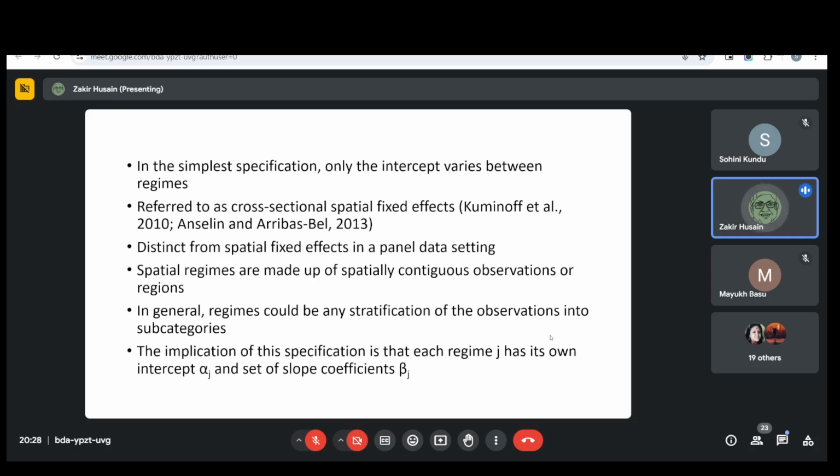So every regime will have its own intercept and its own set of beta. The beta vector and alpha intercept will vary across regimes. The regimes can be made up either of spatially contiguous observations, neighboring regions, or regions having a common characteristic but which are not neighbors.